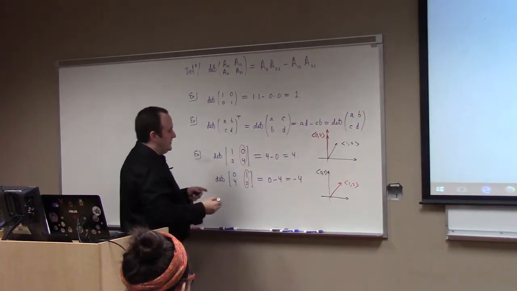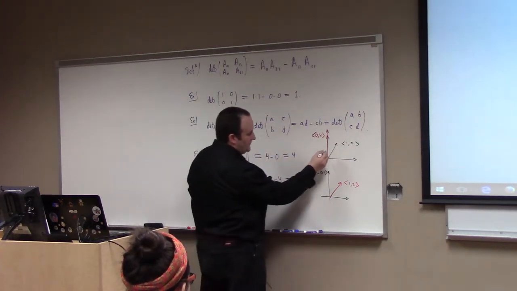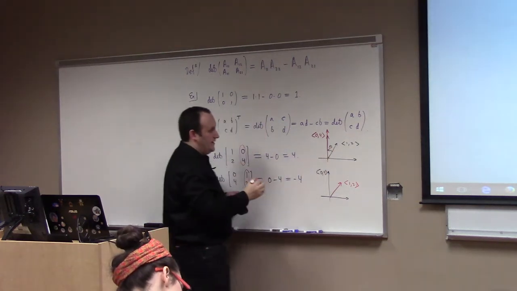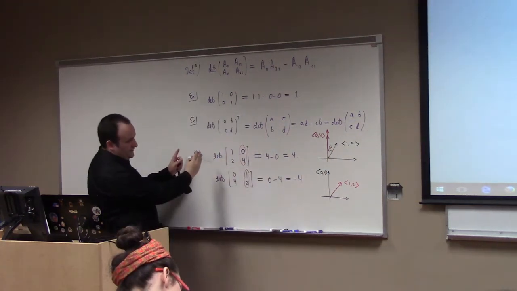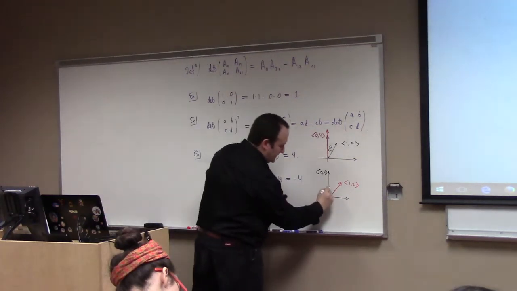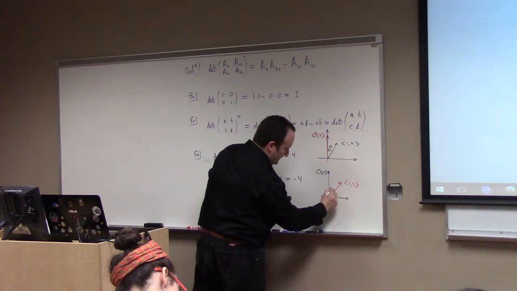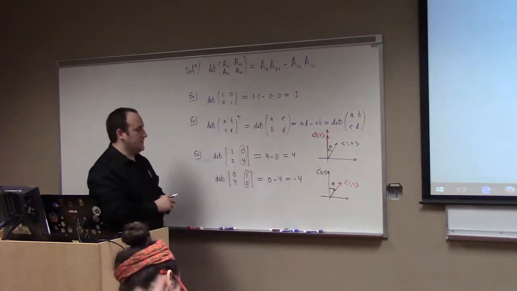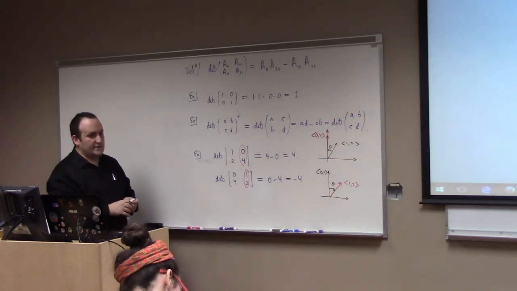So if I measure the angle swept from like this to that, right? So the angle swept from the first vector, the first column, to the second column. What's the difference between these vectors geometrically?